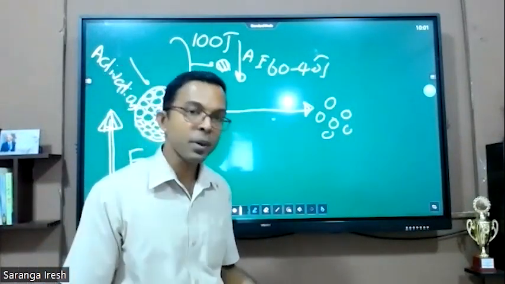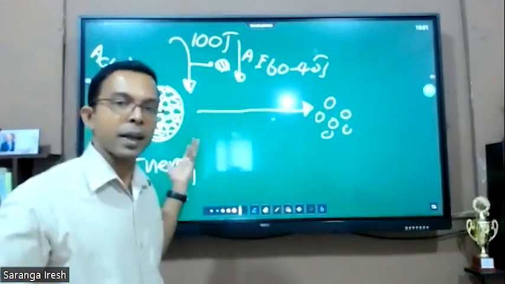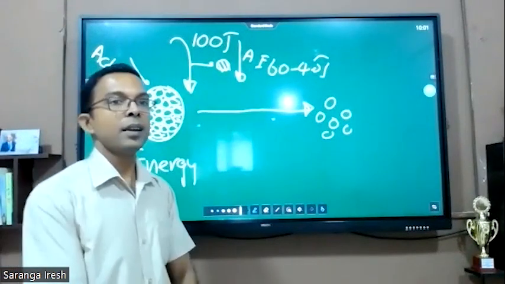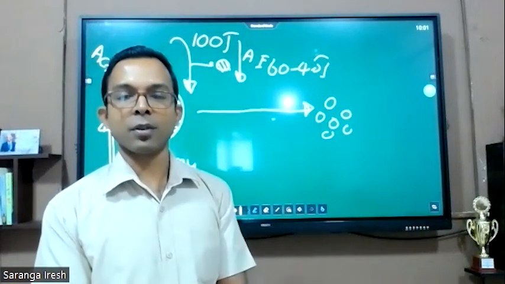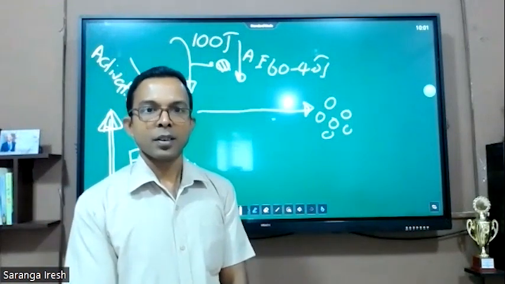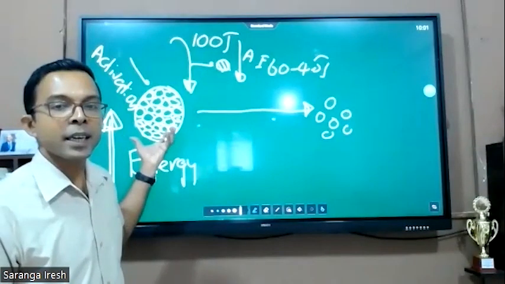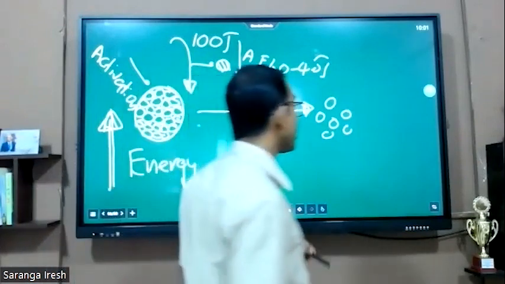The energy requirement is reduced, and then our body has enough energy. The molecule will break and start to make the smaller molecules. So the energy required is reduced by another molecule that is called enzymes.